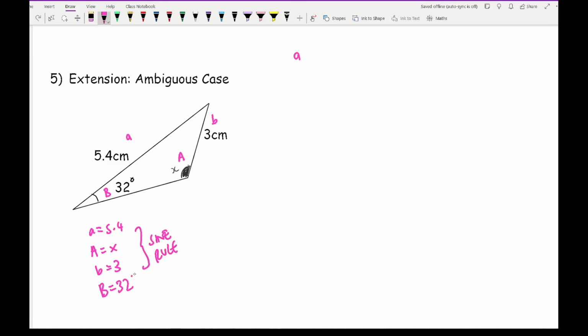So then again, writing the formula and then substituting numbers in, I get 5.4 over sine A equals 3 over sine 32. So then 3 sine A, or x I should say, equals 5.4 sine 32.